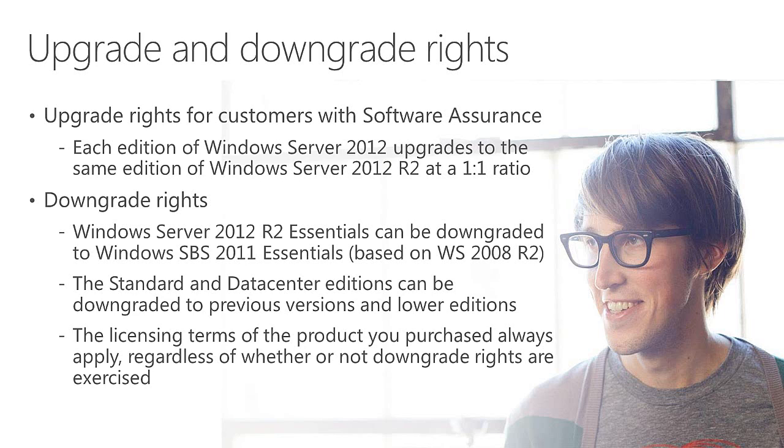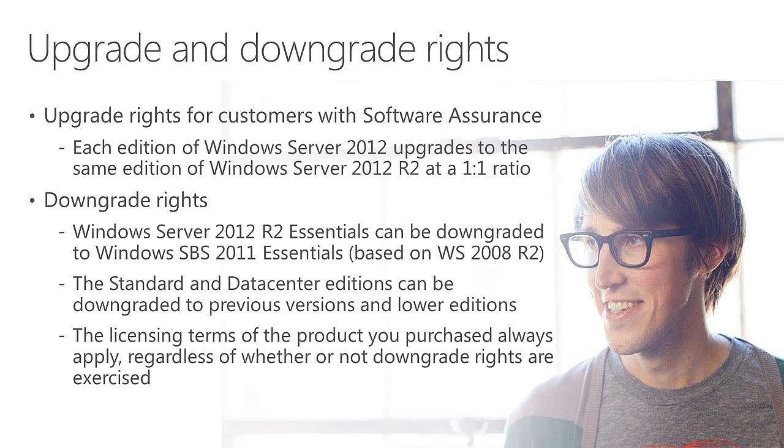That's the key question, especially based on what I was just talking about in terms of CAL requirements. The licensing terms of the product you purchased are what always apply, regardless of whether or not you choose to exercise your downgrade rights. You don't have to exercise your downgrade rights, but if you do, it does not change the licensing terms of the product you purchased.